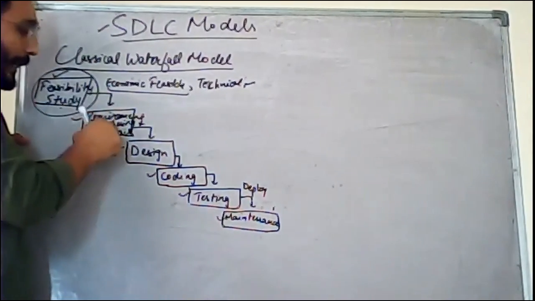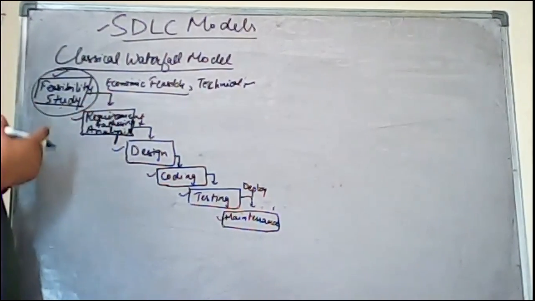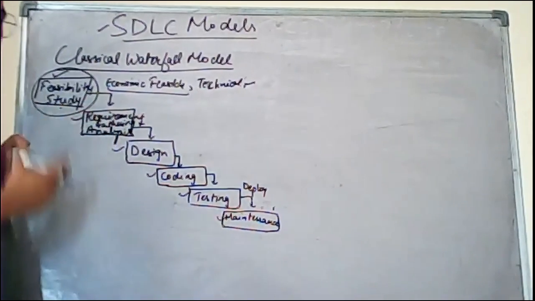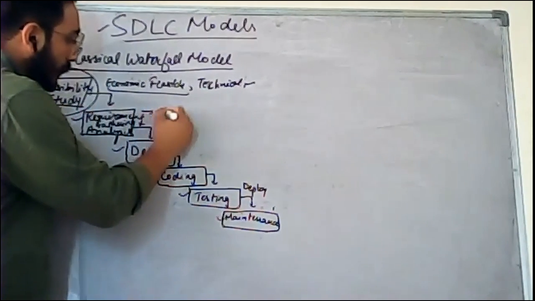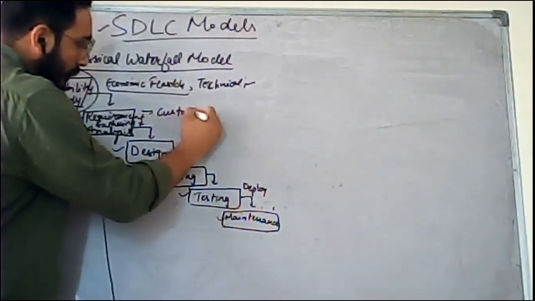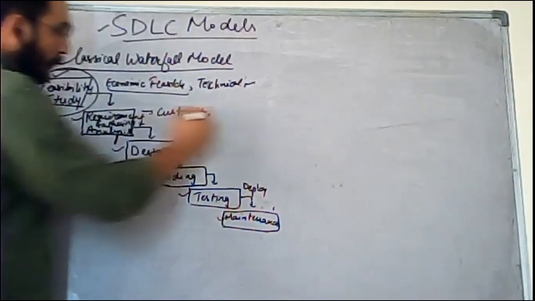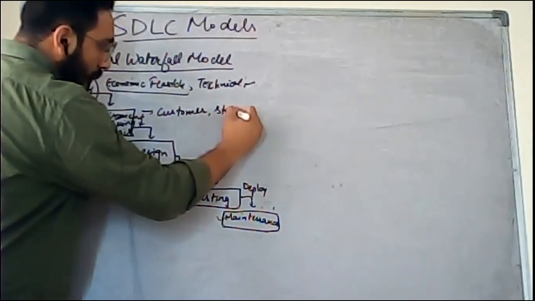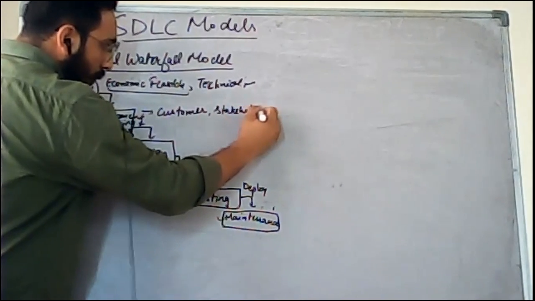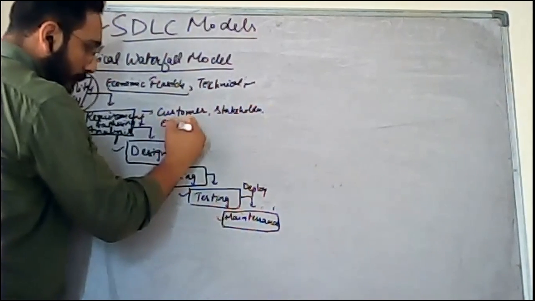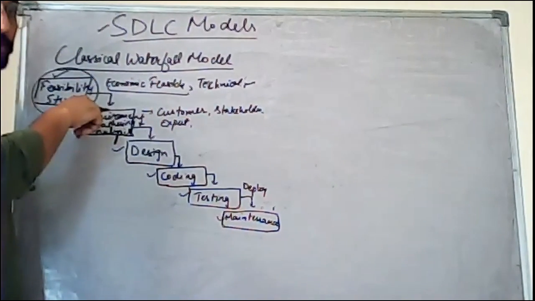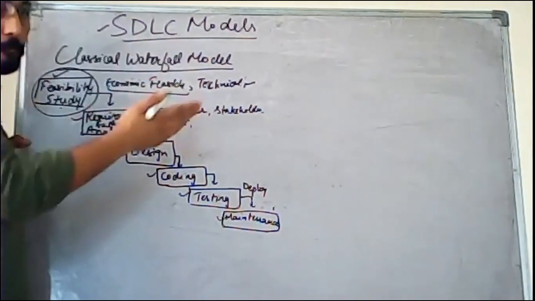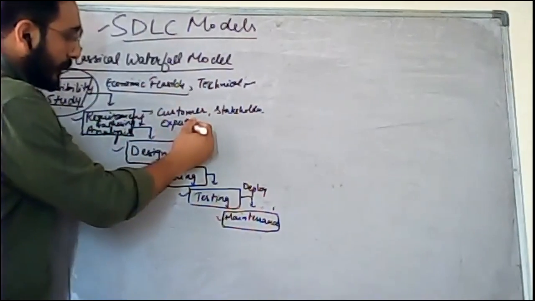That is requirement gathering. As a team member or project manager, I will gather the requirements from the customer, from stakeholders, and from expert persons who already developed the same project or any similar project.